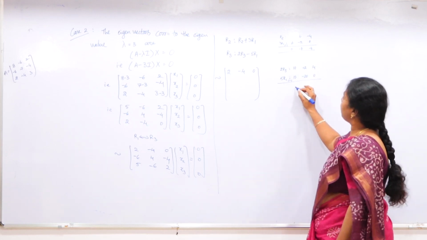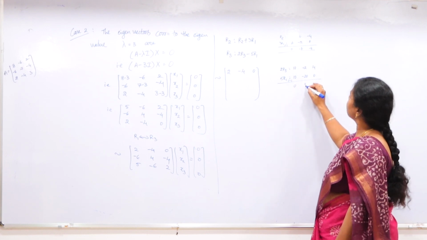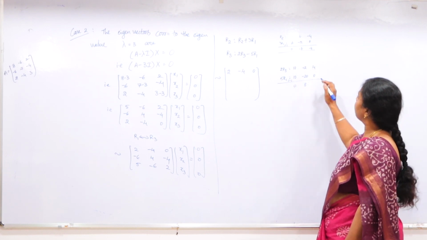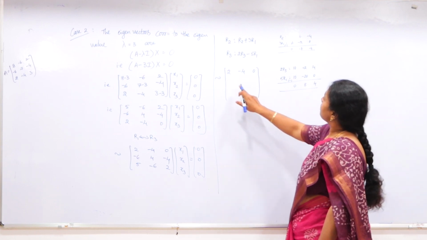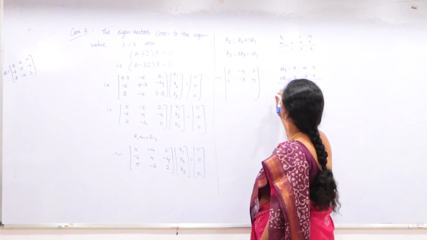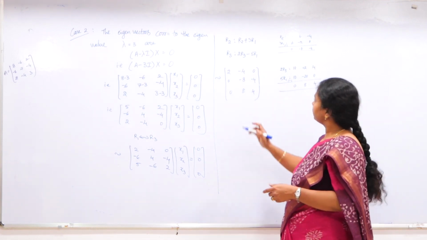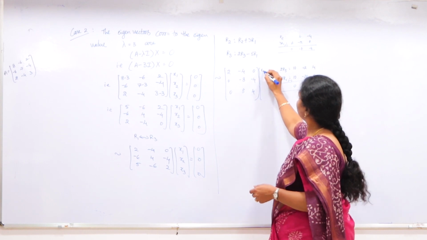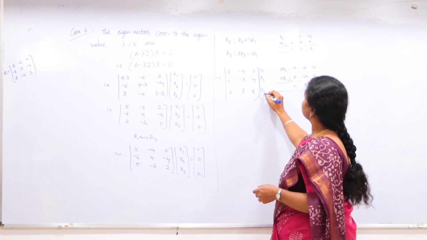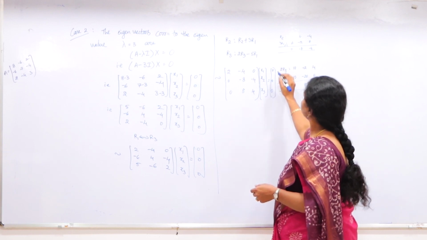Subtract all these values: 10 minus 10 is 0, minus 12 plus 20 is 8, 4 minus 0 is 4. So R2 becomes 0, minus 8, minus 4 and R3 becomes 0, 8, 4, times x1, x2, x3 equal to 0, 0, 0.